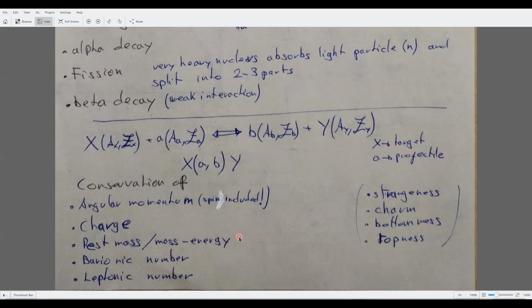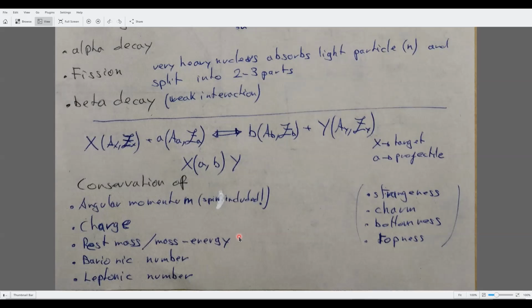The baryonic number is for the conservation, because the type of particle has to be conserved, the total number. So if you are fusing 2 protons and we get deuterium, we'll have in the nucleus 1 proton and 1 neutron, but anyway 2 baryons.